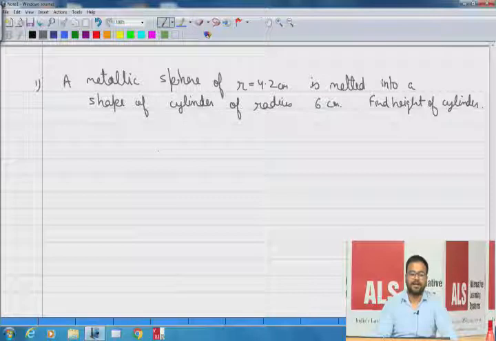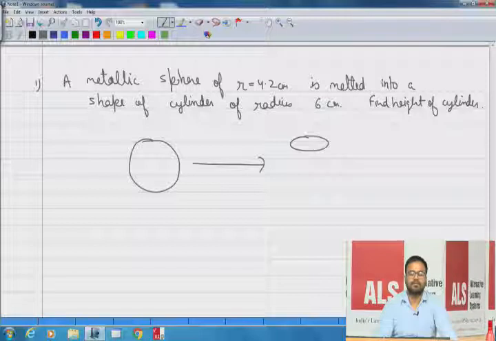See, a metallic sphere is there. This is the sphere. It is converted into the shape of the cylinder.